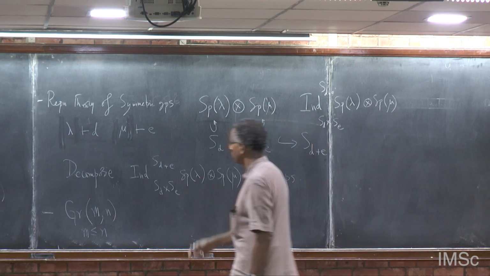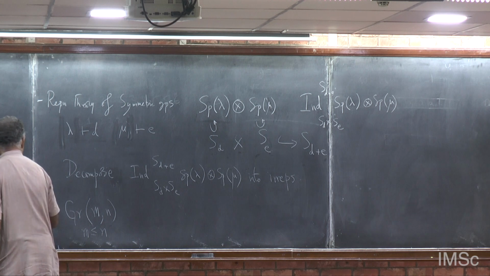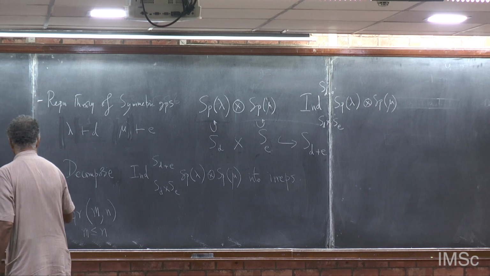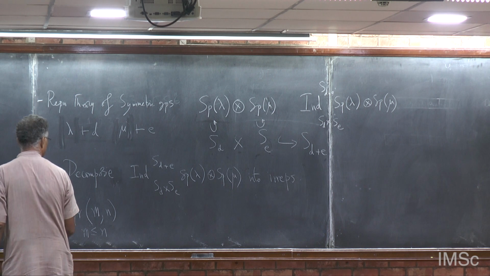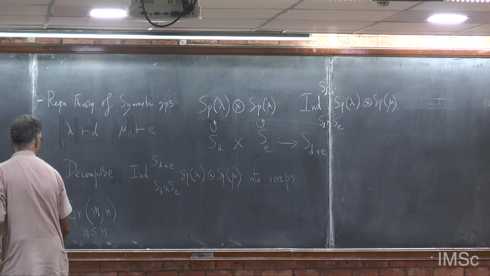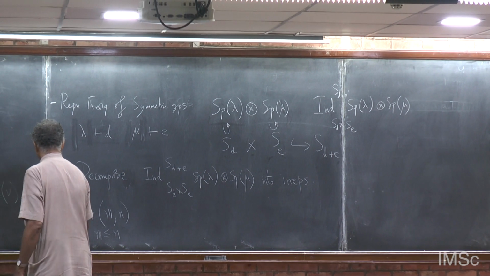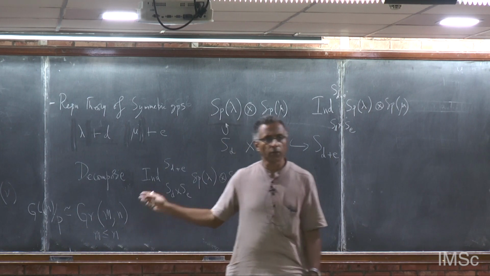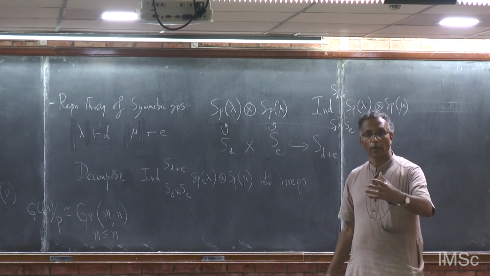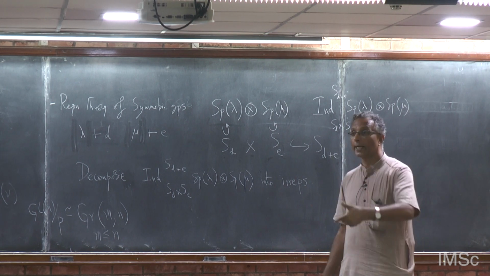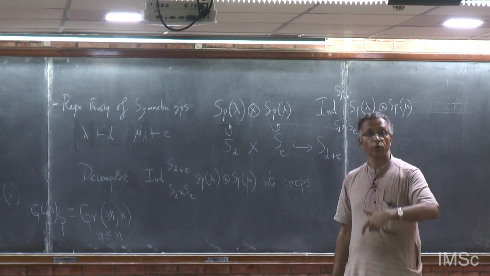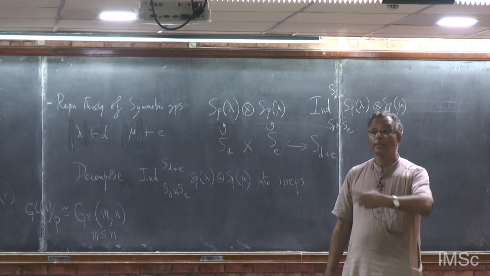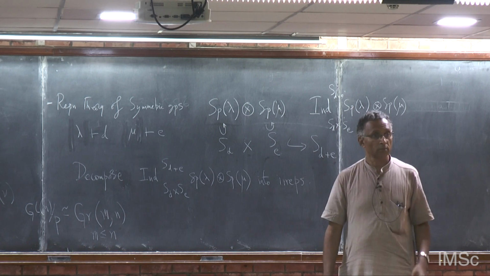In fact, you can realize this as GLN mod some P. If I look at m-dimensional subspaces in n-dimensional space, GLN naturally acts on the n-dimensional space, and it acts transitively on the m-dimensional subspaces.